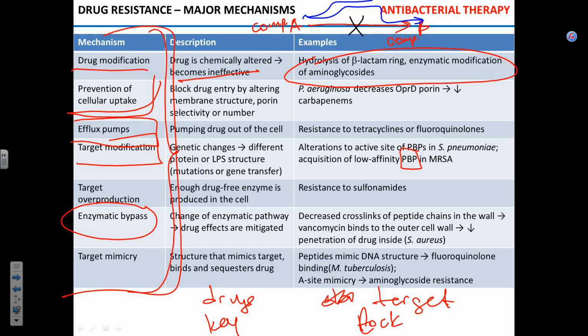And finally, target mimicry. That's the fascinating one. Imagine that you have some drug that binds to the ribosome. Okay? You good? Follow me? Imagine that there is a protein that looks just like the ribosome, but is not.